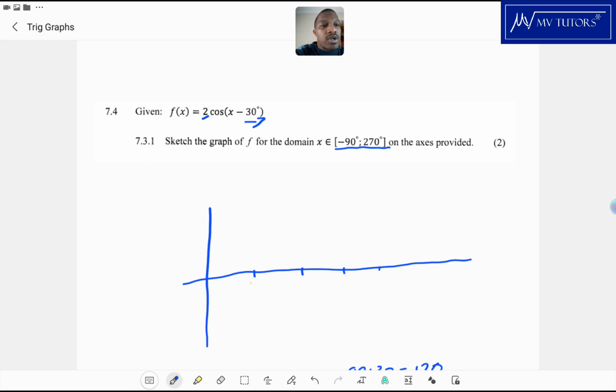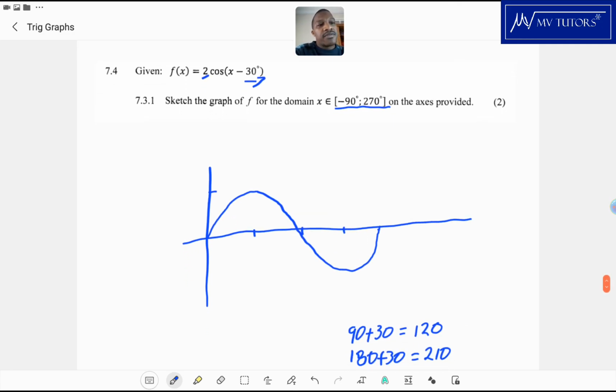You can draw the original graph with a pencil lightly, just to give you perspective. So we're supposed to have 90 there, 180, 270, and 360. That's the original one.